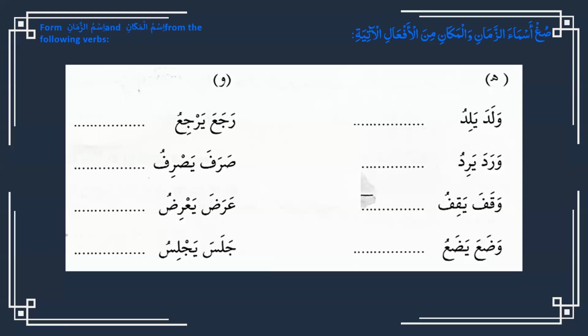Mokif, car park or a park. Then wada'a yada'u, to place. The mawdi'u, then the position, the place you place something. To place, or yeah, that place is location. Okay.